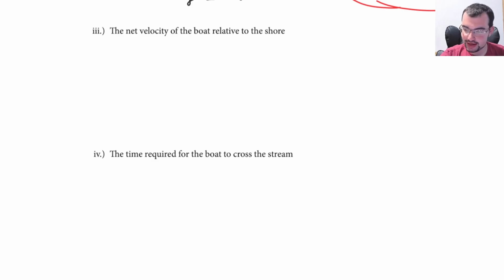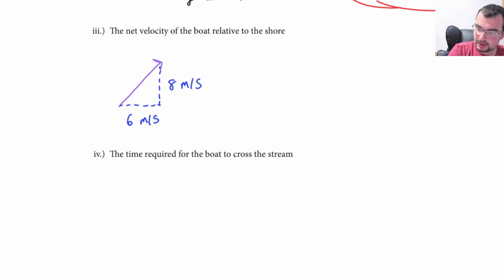So this just means let's add everything up. So our boat velocity looks like this, where we said there was 6 meters per second this way, 8 meters per second this way. So this is the boat relative to the water.